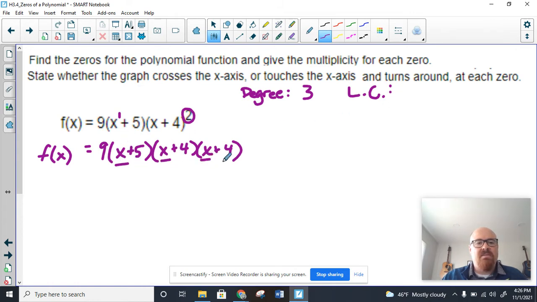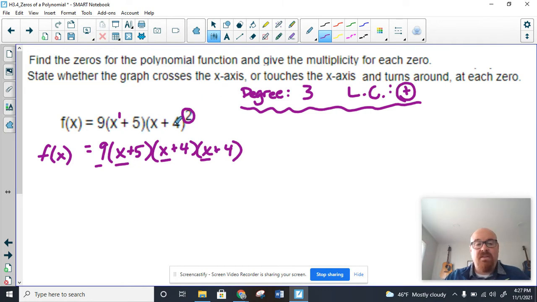Okay, and then as far as the leading coefficient is concerned, if I did multiply all of these x's in the front of each binomial, that'd be x cubed, and then that would have to be multiplied by 9. So we have a positive leading coefficient. And remember that when we look at the degree and the leading coefficient together, those give us the end behavior of this function. Okay, so just wanted to put that out there just to kind of clear things up.